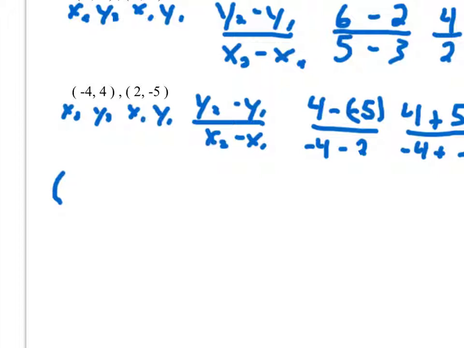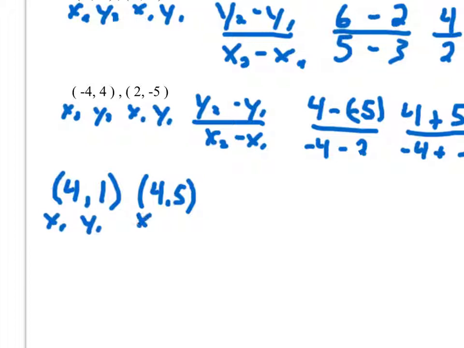If I give you two ordered pairs that are 4, 1 and 4, 5. Okay, well again, pick which ones are your sub 2s and your sub 1s, doesn't really matter. Here's x sub 1, y sub 1, and x sub 2, y sub 2.